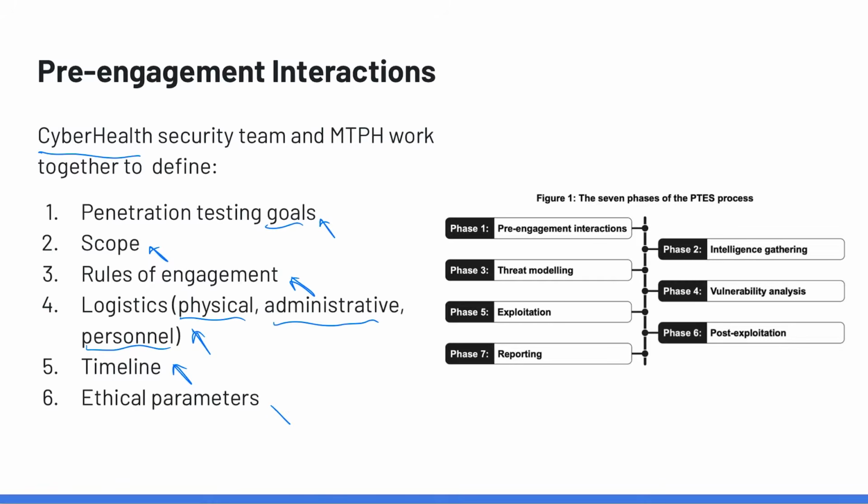And then ethical parameters. So particularly when working with patient data, there's going to need to be certain rules, certain ethical guidelines that the security team is going to have to respect. For example, by the very nature of this engagement, the cyber health security team is probably going to be asked to try to gain access to patient data.